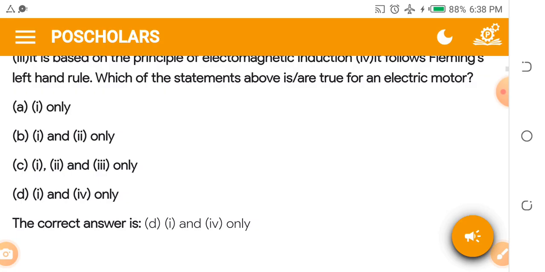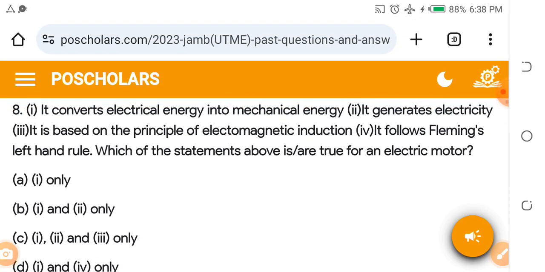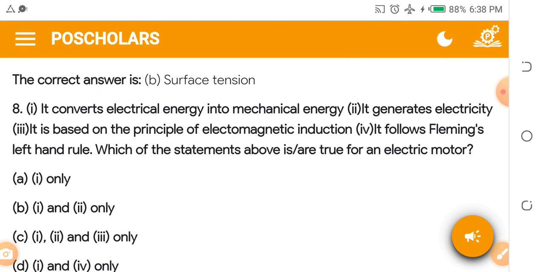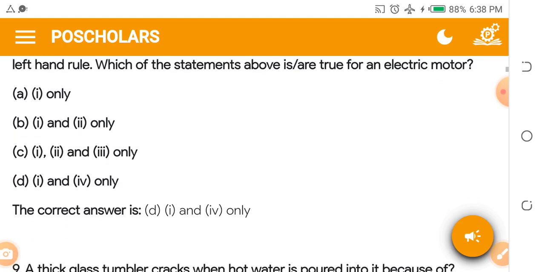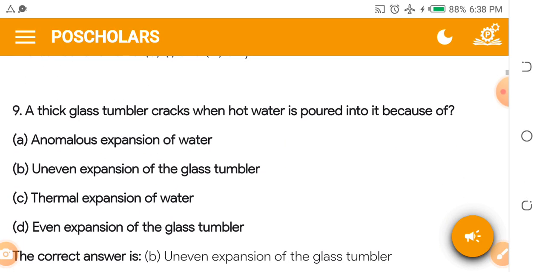The answer is D, I and IV. What are they? It converts electrical energy into mechanical energy, and IV, it follows Fleming's left-hand rule. That is for an electric motor.